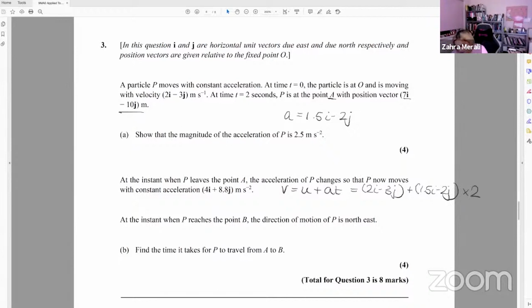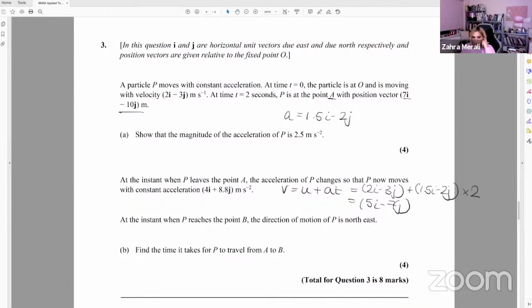So we end up with v being 5i minus 7j. So that's our v just before the acceleration changes. So it now becomes my new u.